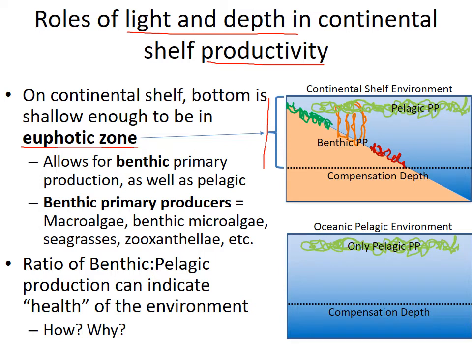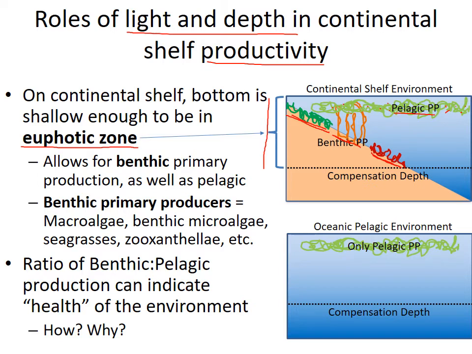So in the continental shelf environment, the bottom may be shallow enough that the bottom is actually in the sunlit zone. And so that means that primary producers can grow on the bottom. So you get things like seagrasses, kelps, and red algae that can grow right on the bottom instead of just having the phytoplankton that are in the water column.